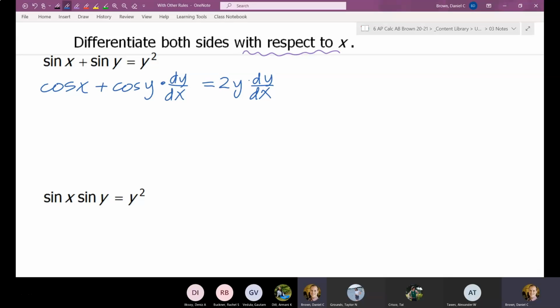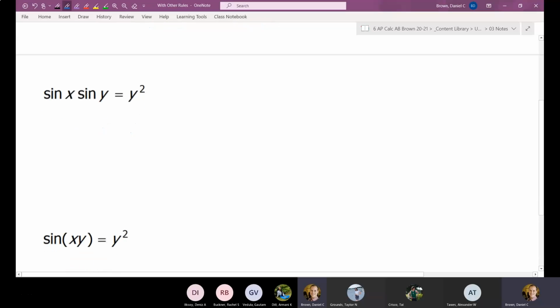Looking at this second one, we have a product. This is sine of x times sine of y. You do want to be careful when you're doing the product. That fixer piece is only going to show up when you take the derivative of y. So if I'm working on this one, I'm going to have the first times the derivative of the second.